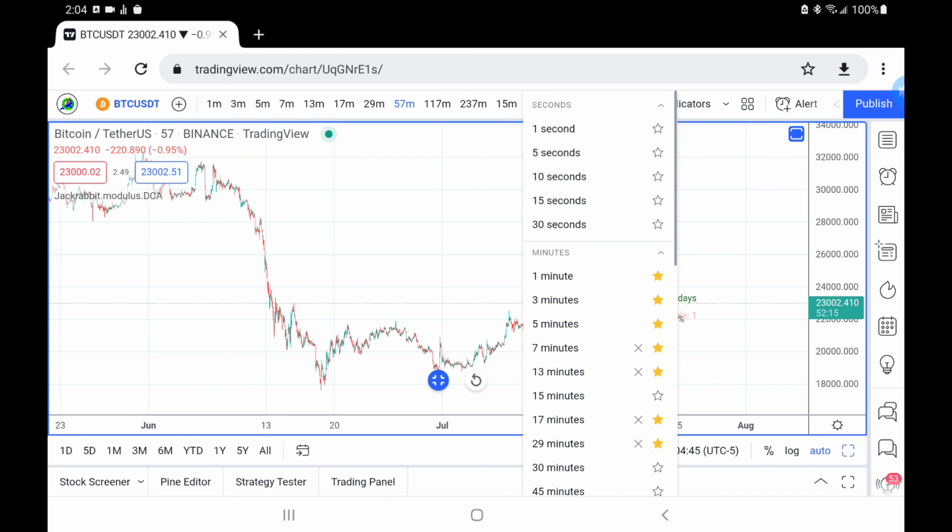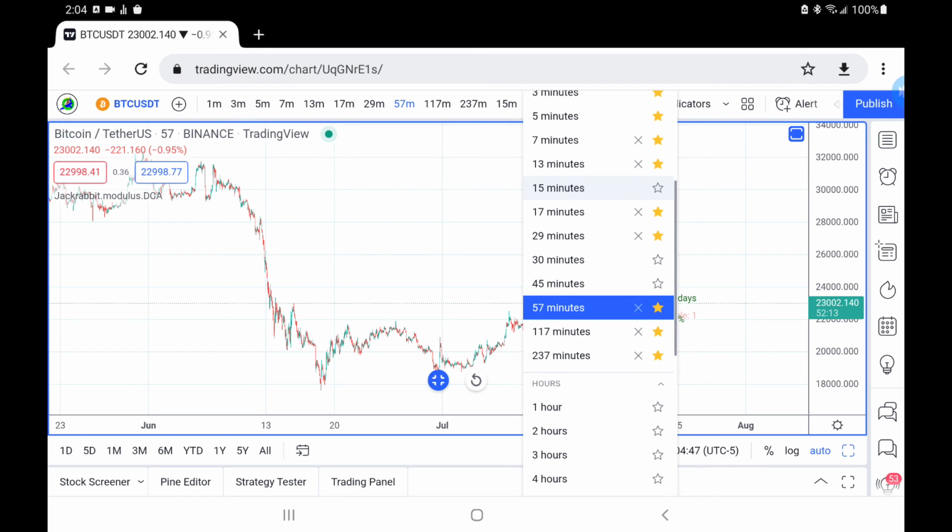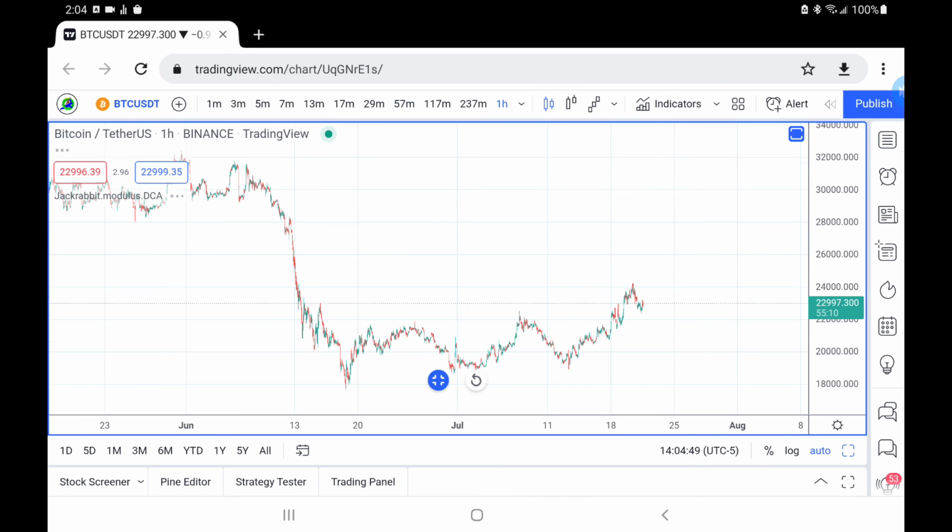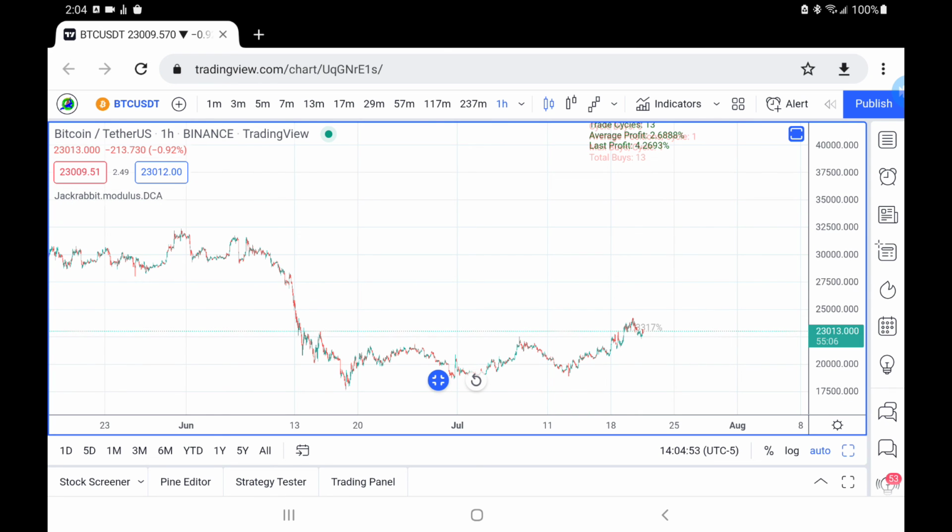Let's see if 3 minutes actually makes a difference. Not really, but less profit, 4%. That's definitely worth keeping.